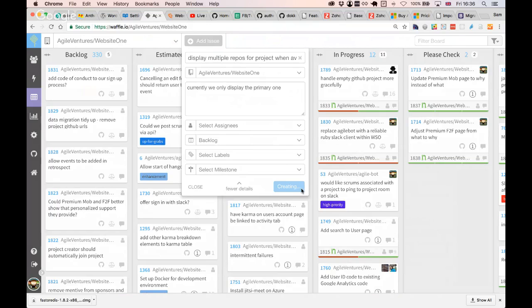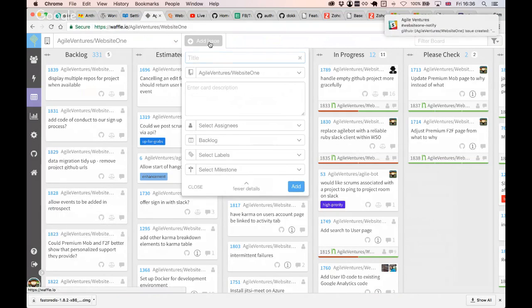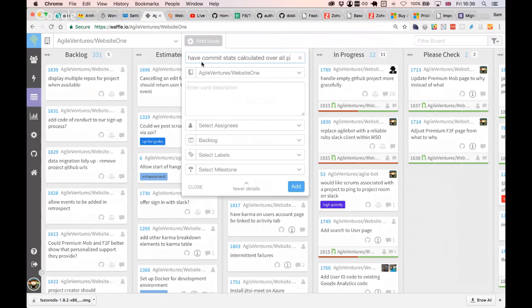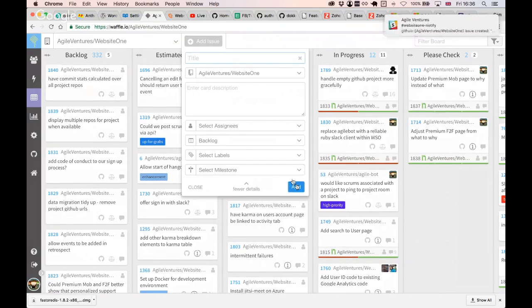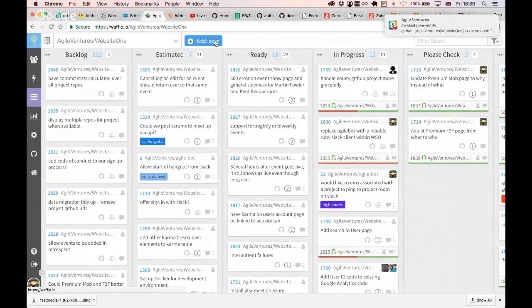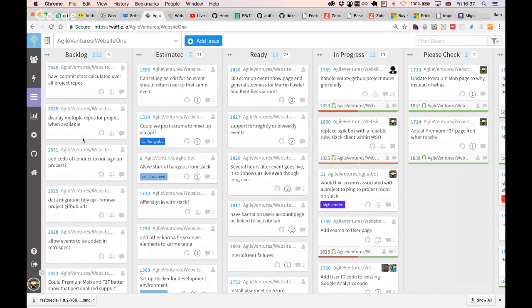And then there's another one, which is to have commit stats calculated over all project repos, currently only calculated for the primary one. So those two things, along with removing the legacy field, are all follow-up to that general feature.